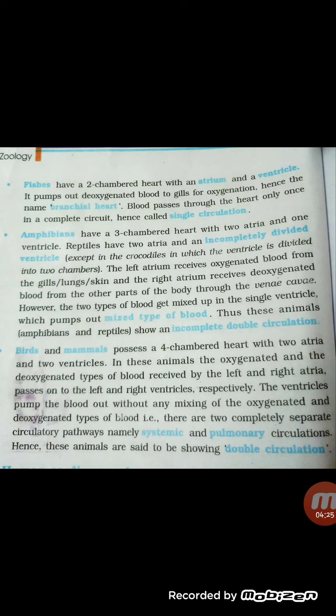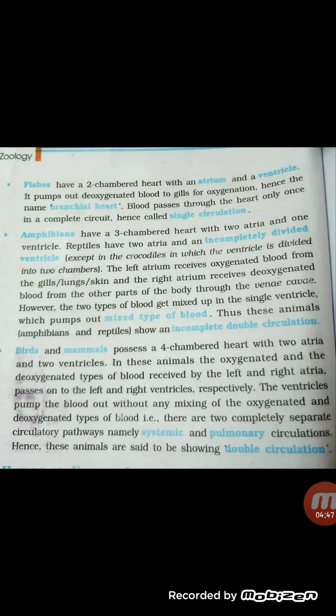Reptiles have 2 atria and an incompletely divided ventricle. Fourth one is birds. Birds and mammals possess 4 chambered heart with 2 atria and 2 ventricles. This is about evolutionary pattern of heart in vertebrates.